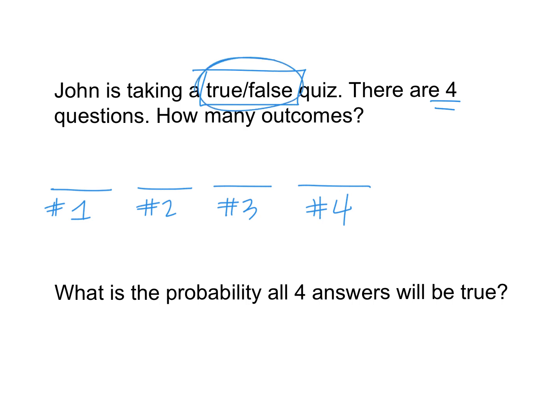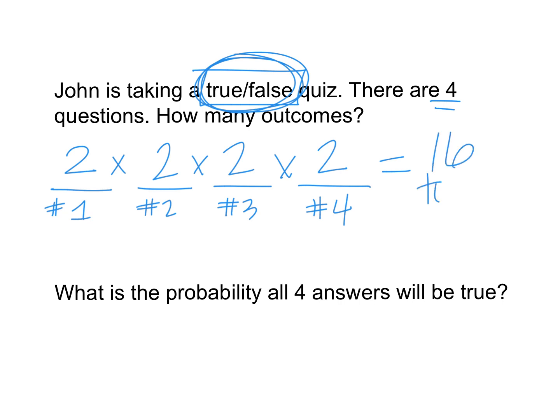If it's a true-false, there's 2 different outcomes on question 1, either true or false. So that'd be 2. And then on the second question, it's the same, because it's either true or false, and that's going to be the same for all of them. So we would do 2 times 2 is 4, times 2 is 8, times 2 is 16 total outcomes.